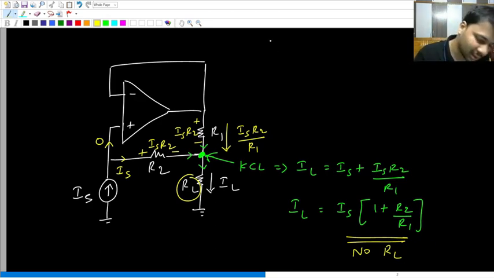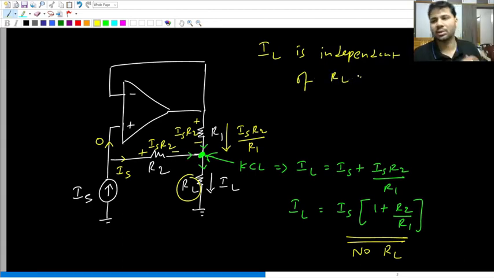So even in this circuit, the final observation is that the load current is independent of the load resistance. In any circuit, if the load current is independent of load resistance, it means what? With respect to the load, the remaining circuit will behave like what? Ideal current source.